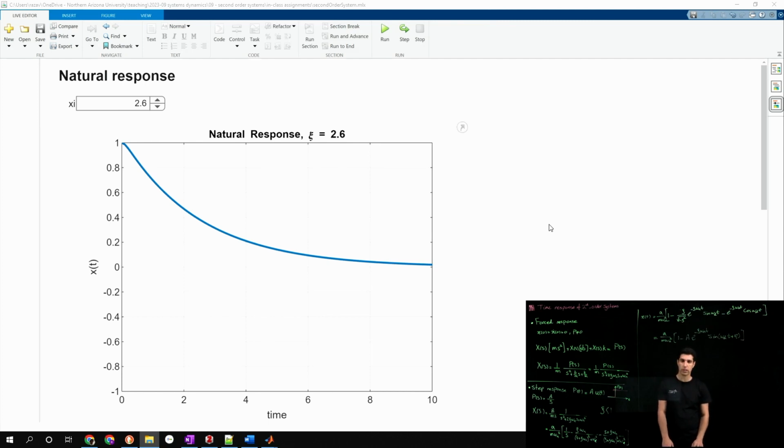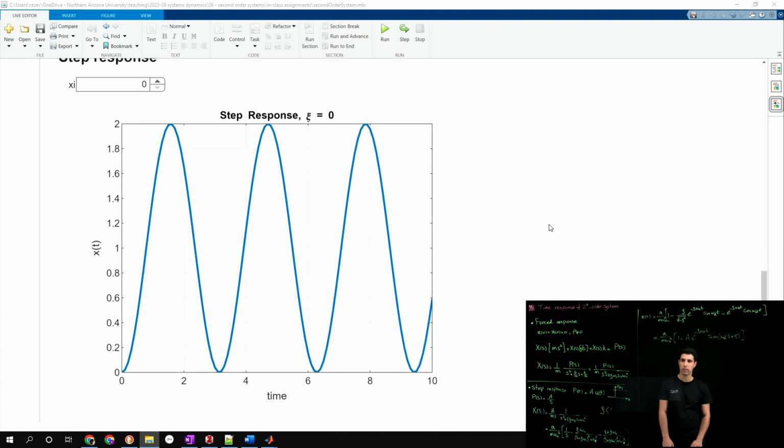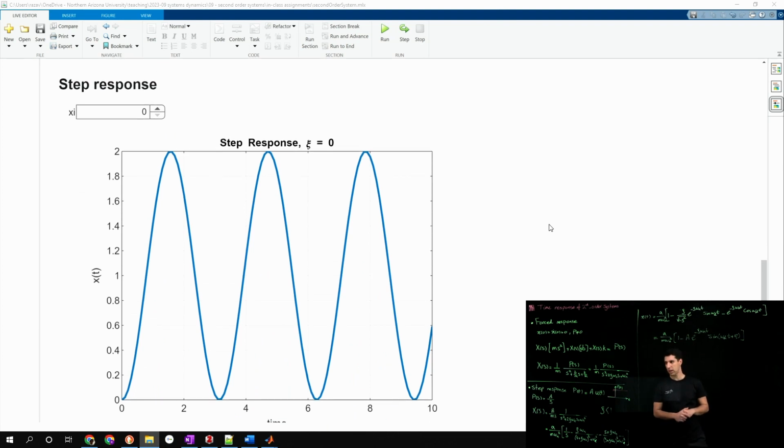We already covered this. And this is the step response. Again, you can solve it based on different values of z. When we have z equals 0 and we apply a step force, our system starts to oscillate back and forth. It comes to some reference value 1, which is supposed to, but because it has inertia, it overshoots, it continues with its velocity until it reaches some maximum and comes down.